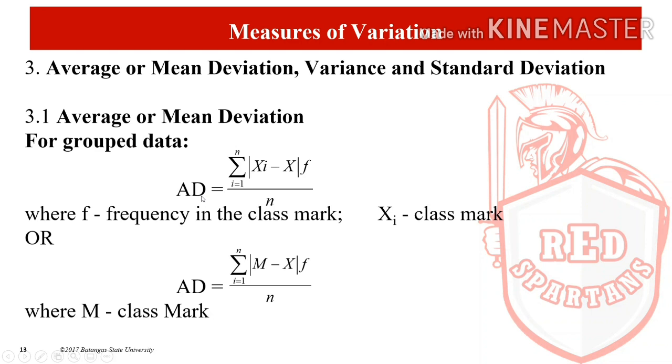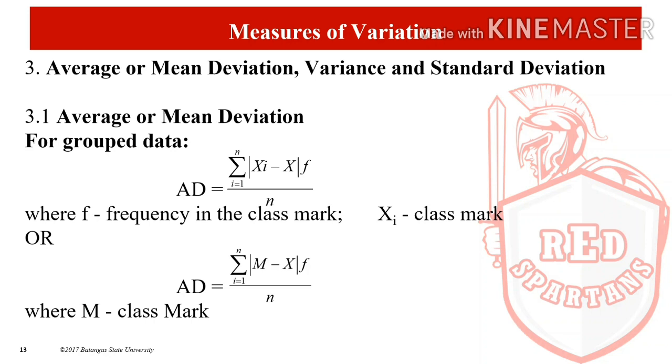Then, for the average or mean deviation for grouped data, AD or the average deviation is equal to summation of x sub i minus x bar times the frequency, where i is equal to 1 up to n, over n. So, may additional lang. Nag-multiply tayo ng frequency kada value na makukuha natin yung difference between x sub i minus x bar.